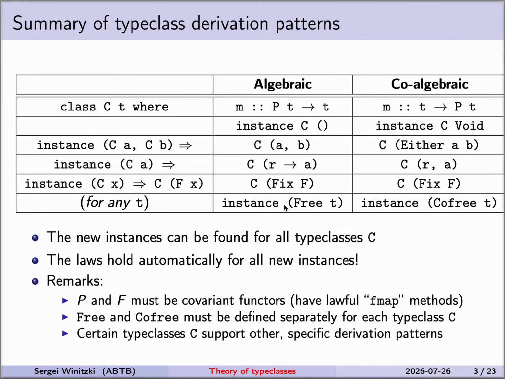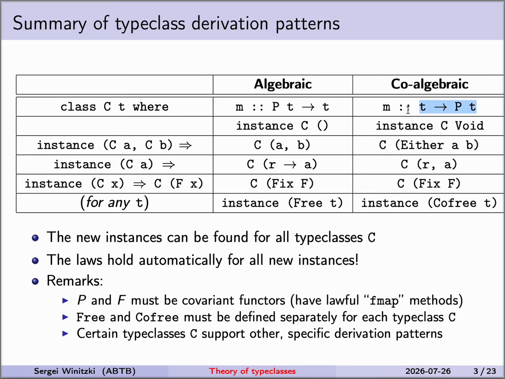Let me show a summary of what that knowledge is. So I'm not going to prove yet what it is, so I'm just going to show the results. And I'm using Haskell syntax to describe type classes. So here's this Haskell syntax to define a type class. And imagine that we define a type class like this, where P is a type constructor, which is a covariant functor.